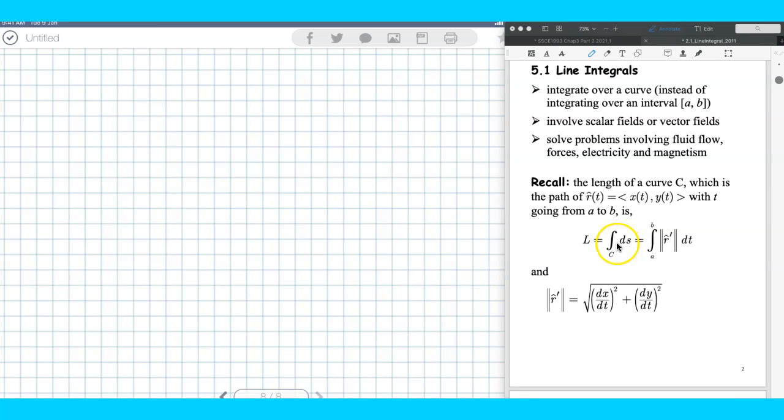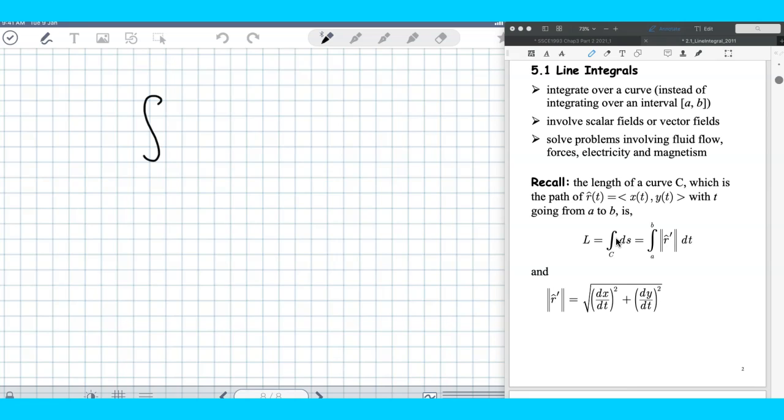If you have the integral where there is a function to be your integrand, whether in terms of x, y or x, y, z, ds, this is about the mass.